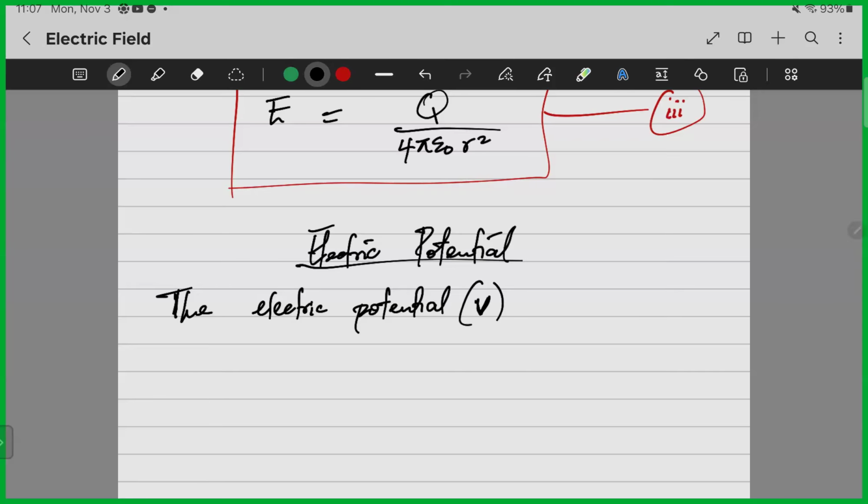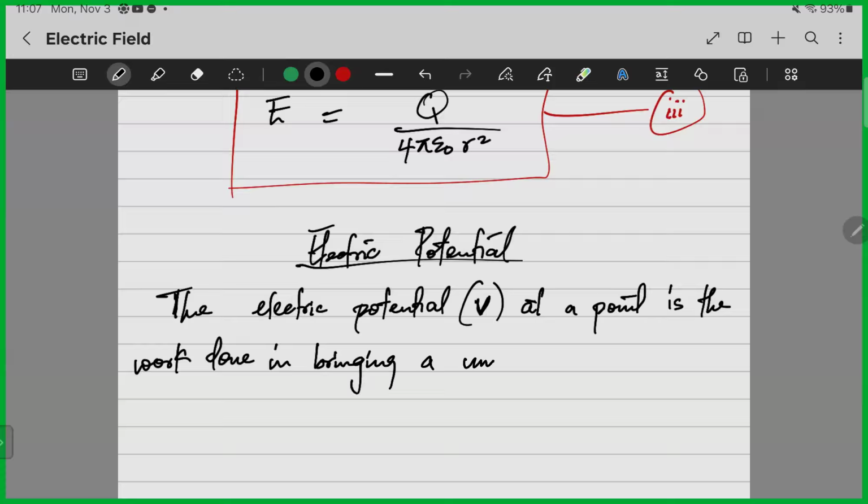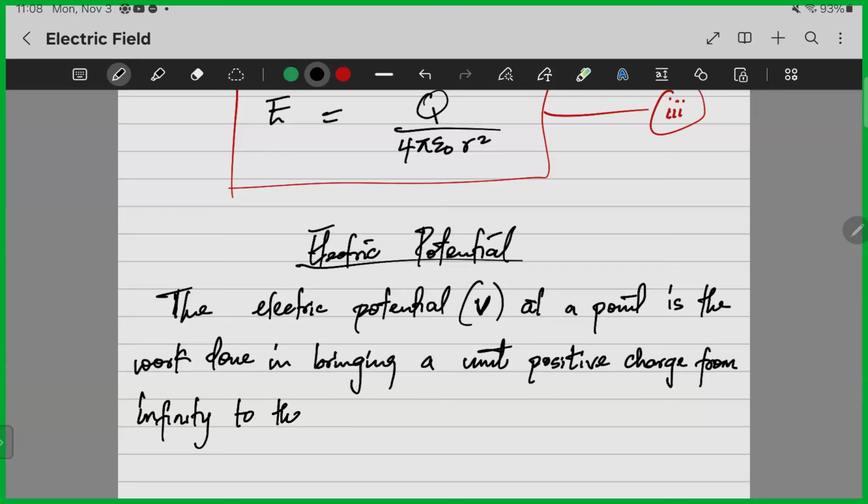So we say the electric potential, but this time around denoted by V, at a point is the work done in bringing a unit positive charge, or we say positive test charge, from infinity to that point, to the point being considered.